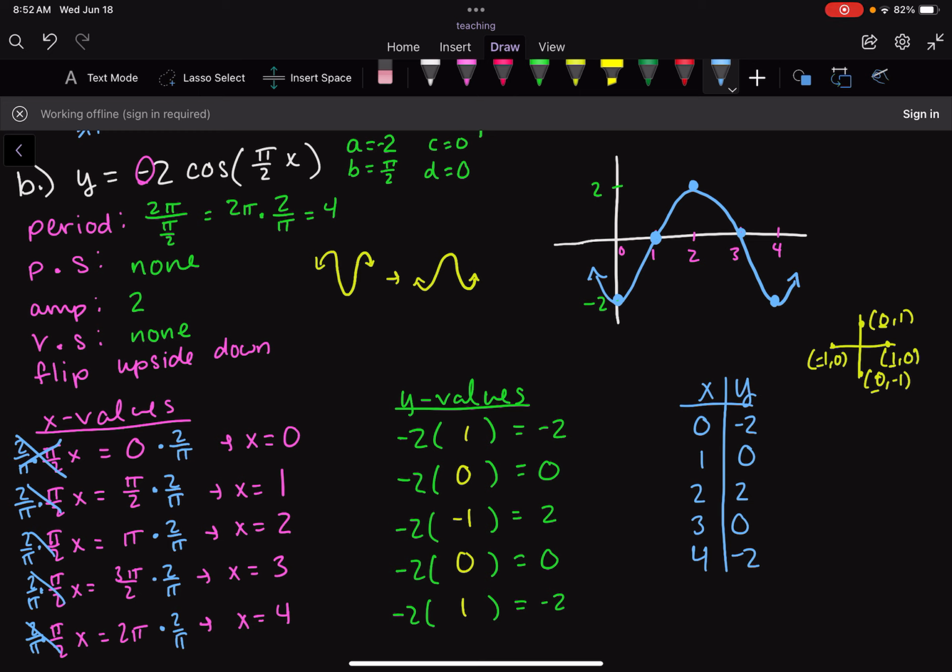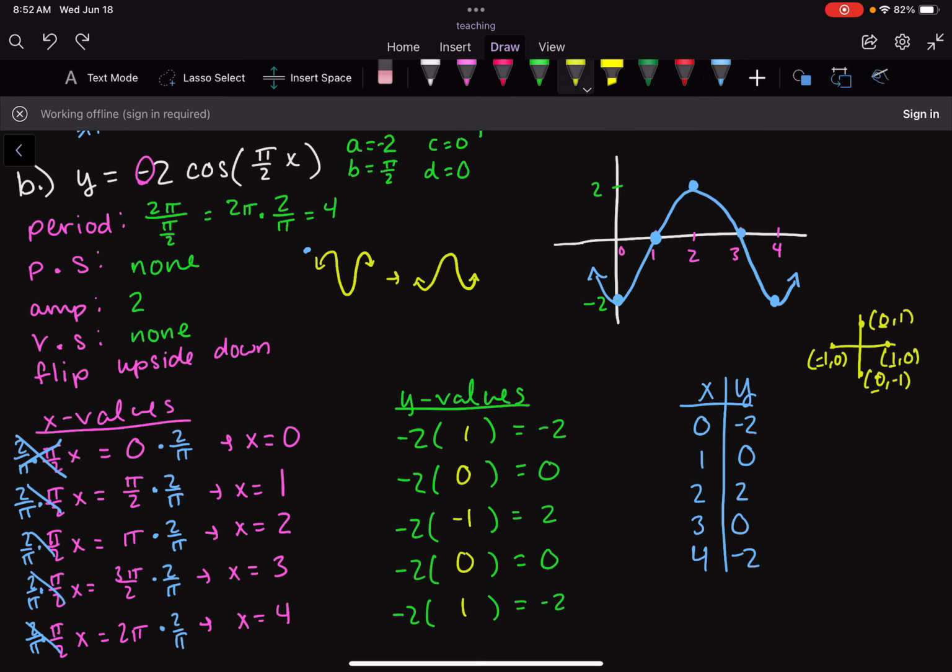Now again, I did mention this in our last video. Make sure that you don't go above these minimum and maximum points. Make sure you don't draw your graph above or below those whenever you draw in your curve. Okay.